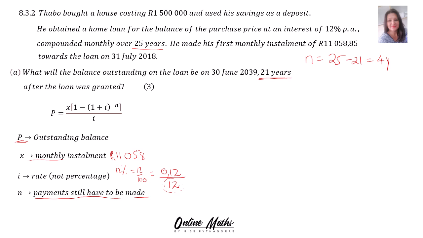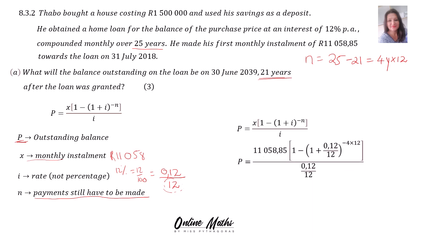But again, it's going to be times 12 because the present value formula works with monthly payments. So into the present value formula, all your values, there's your X value, there's your I, your 0.12, the 12%, 12 months, and then where does the 4 come from? That's N, your 25 minus 21, your 4 years times 12, your monthly payments.